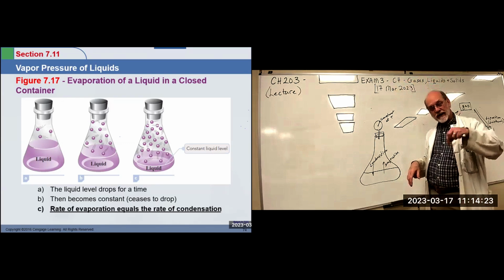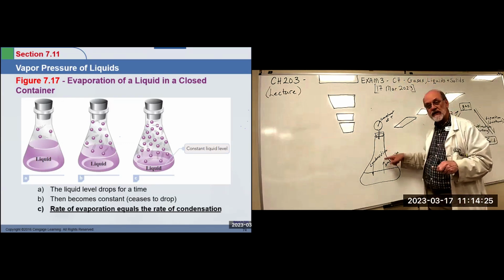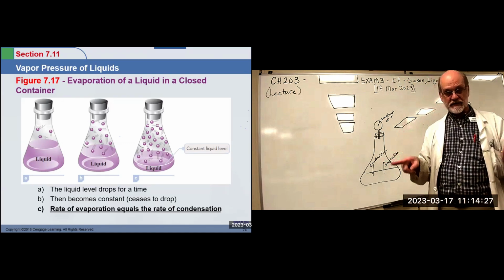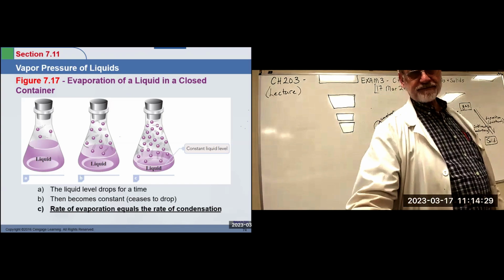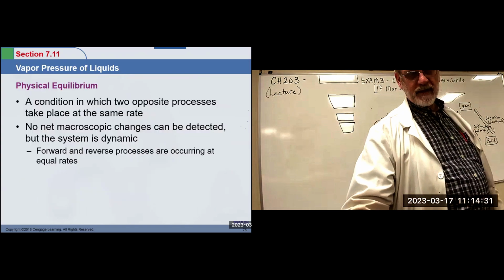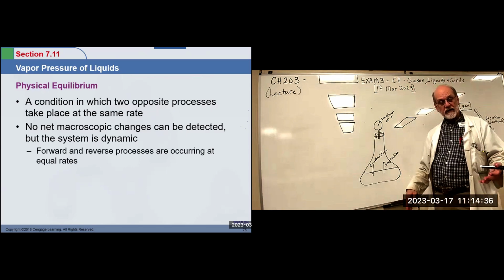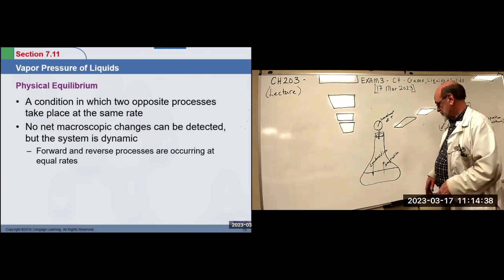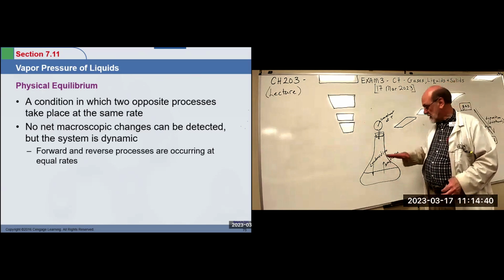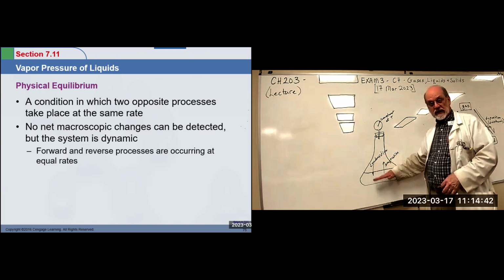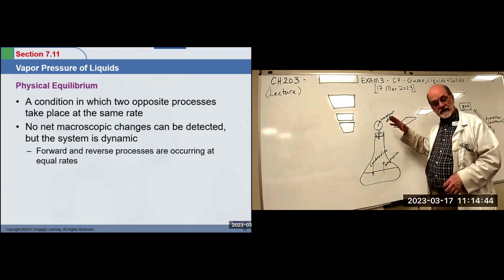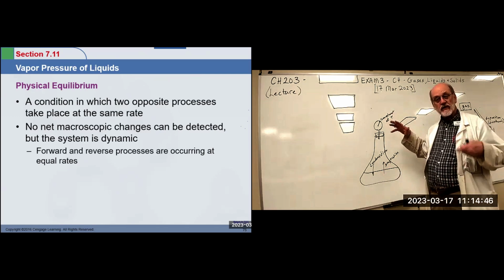But on the microscopic level, what's happening is these two rates are equal, they're balanced. And at this point, we have what we call physical equilibrium. Both rates are occurring. We don't see any further change in the liquid level. Pressure is constant. That is a physical equilibrium.